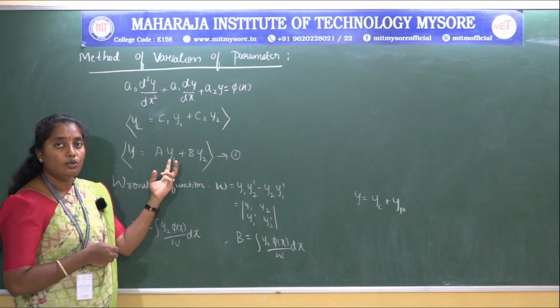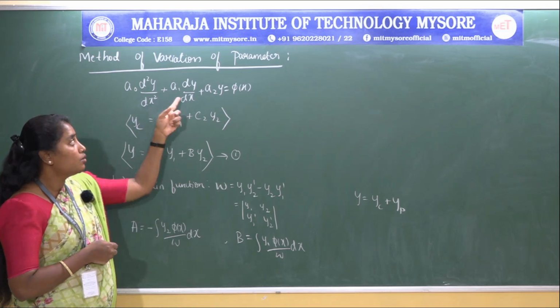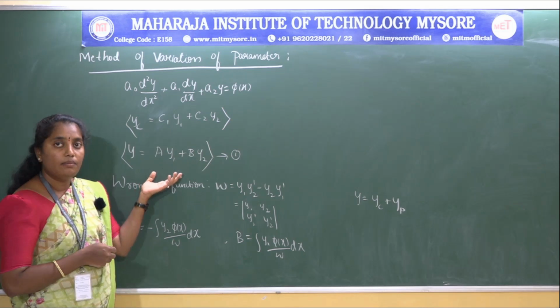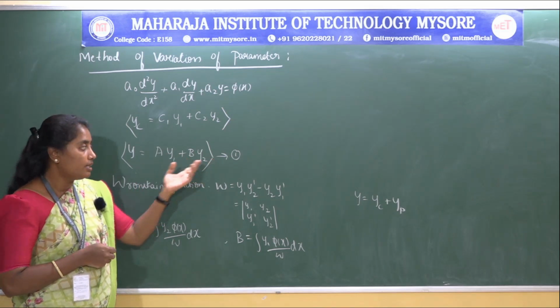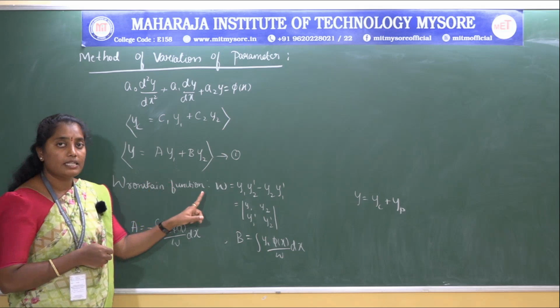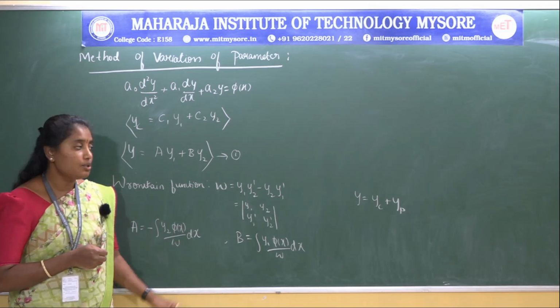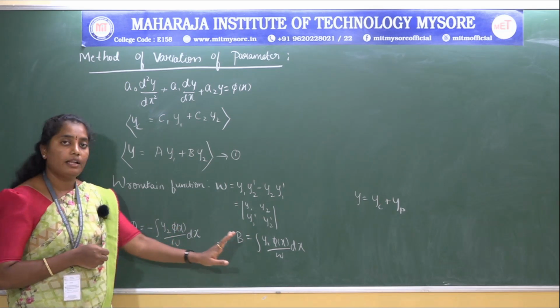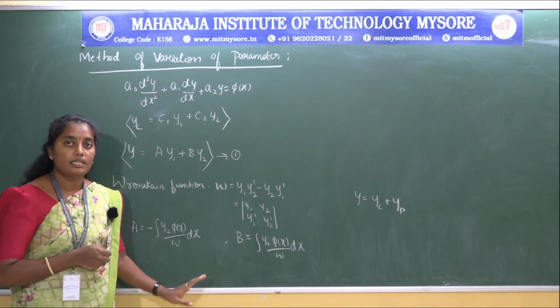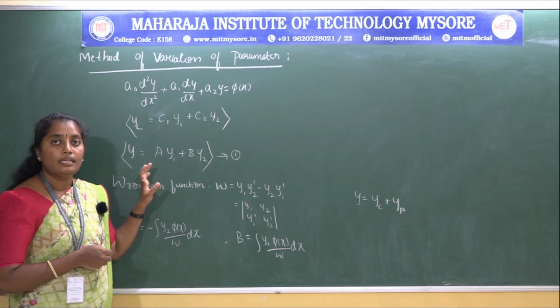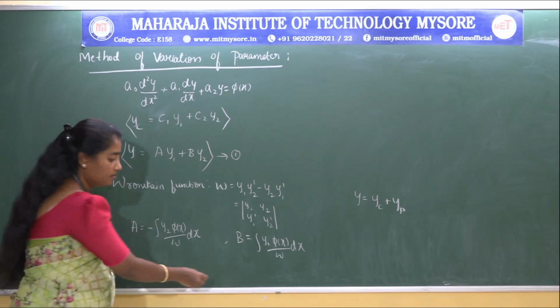These y1, y2 are obtained based on the roots of the equation. After writing the equation in this form, represent that as 1. Then find the Wronskian function, that is y1 y2 dash minus y2 y1 dash. After getting w, find the values of the parameters a and b using these results and substitute the values of a and b in 1 to get the complete solution.